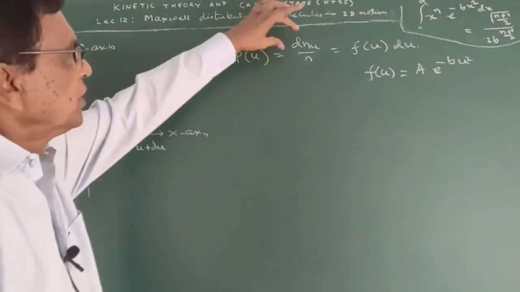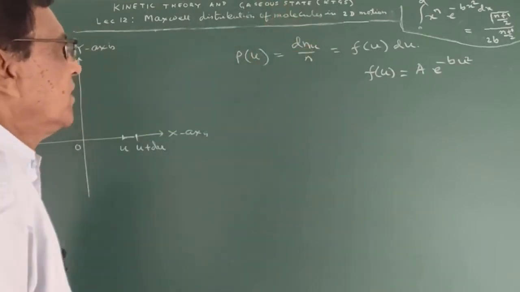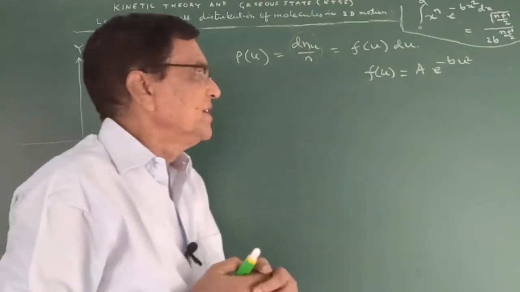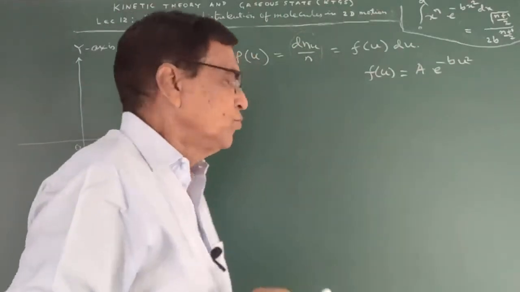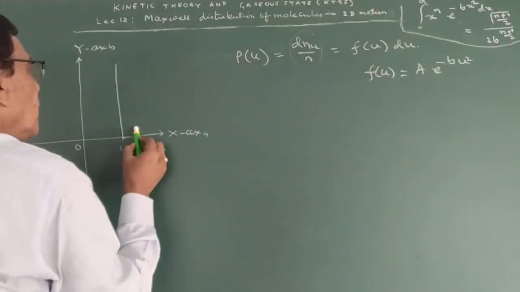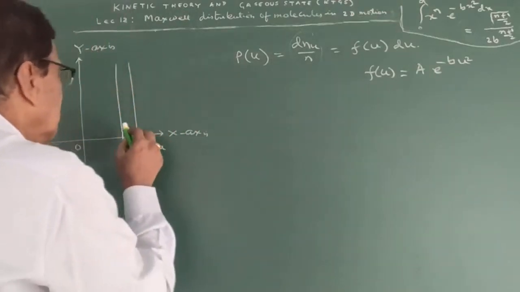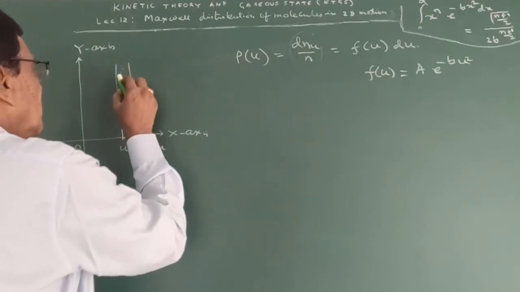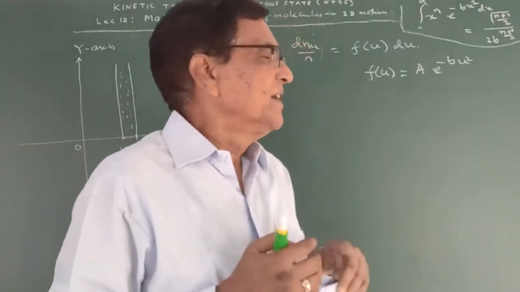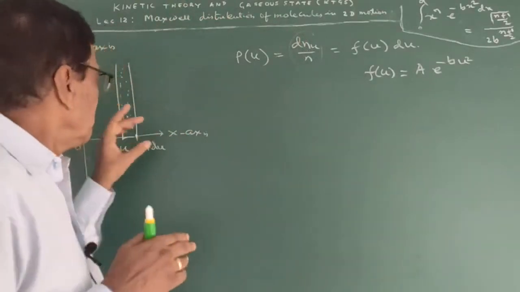The number of molecules, or the fraction of the molecules, having the velocity u to u plus du could be located within this area in the velocity space, and all these molecules will be located within this area.